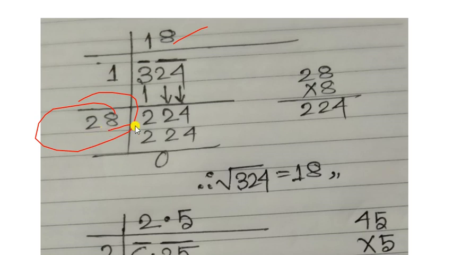Suppose you choose 7, so 27 into 7 you have to multiply like this. Let's see here 28 and 8: if you multiply 28 into 8, then you will get 224. Then we will get exactly the square root of 324.